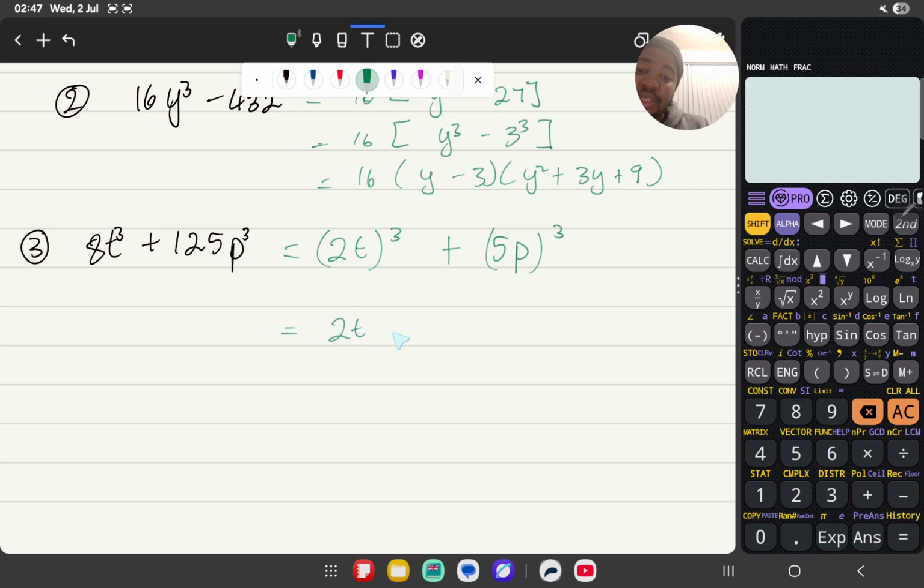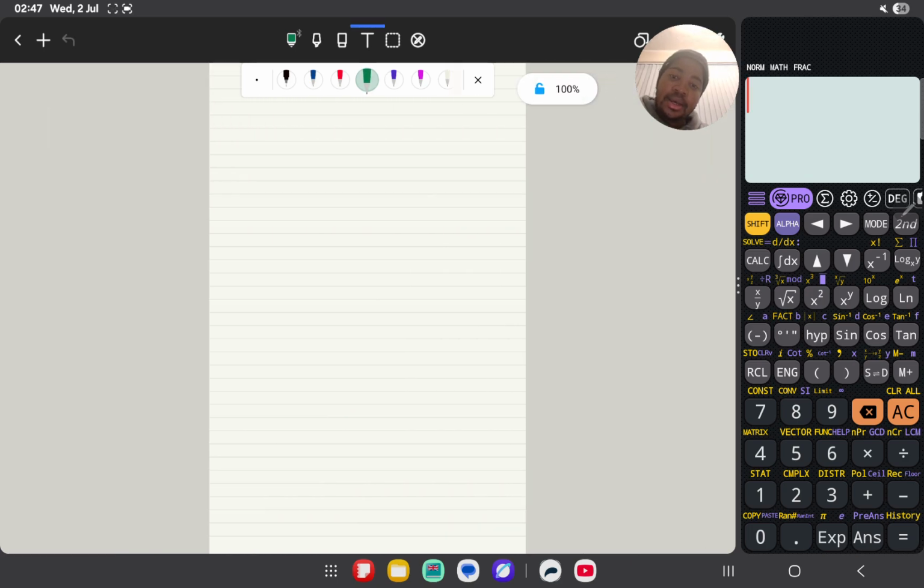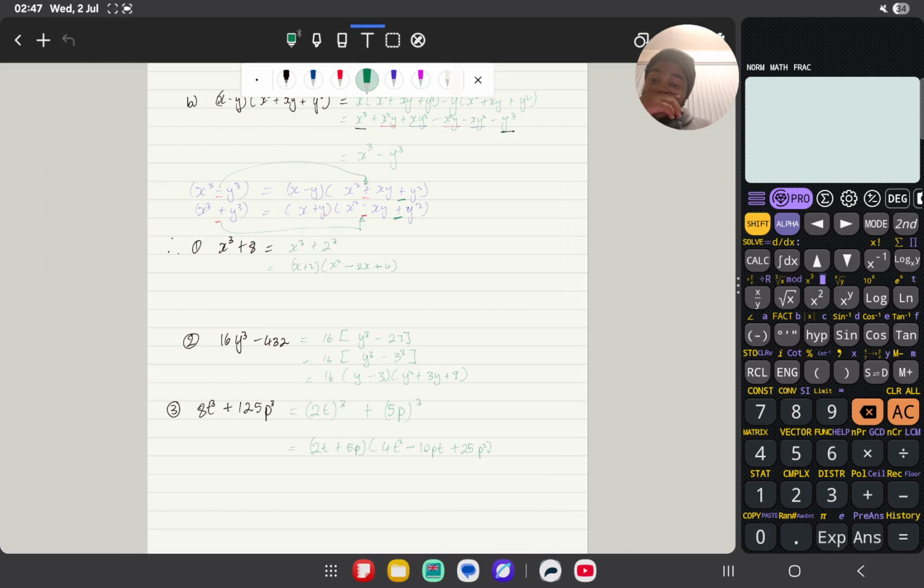You say 2t plus 5p, close bracket. This is your binomial. Then the second one is going to be the squared: 2t squared is 4t squared. Then it's a plus, therefore minus. You multiply these two, you get 10pt, and then plus 25p squared. Then you are done. Just like that. This is the end of factorization.